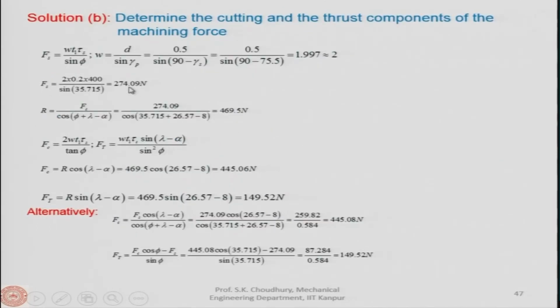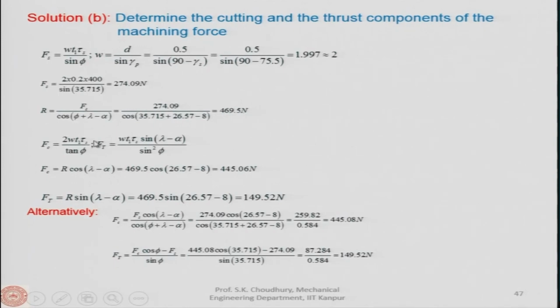So, Fs will be this value. Therefore, the resultant force is Fs divided by cos of phi plus lambda minus alpha. This we have already derived. Fs is given, phi we have determined, alpha is given. So, we can find out the R value.